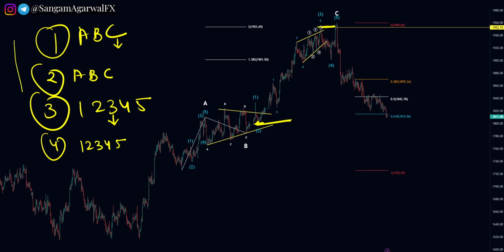So that was a total of 4 levels. 2 were corrective waves and 2 were impulsive waves. So the first complicated thing here was doing wave counting on 4 different levels, which is not easy for a beginner. And the second thing was the ending diagonal chart pattern.